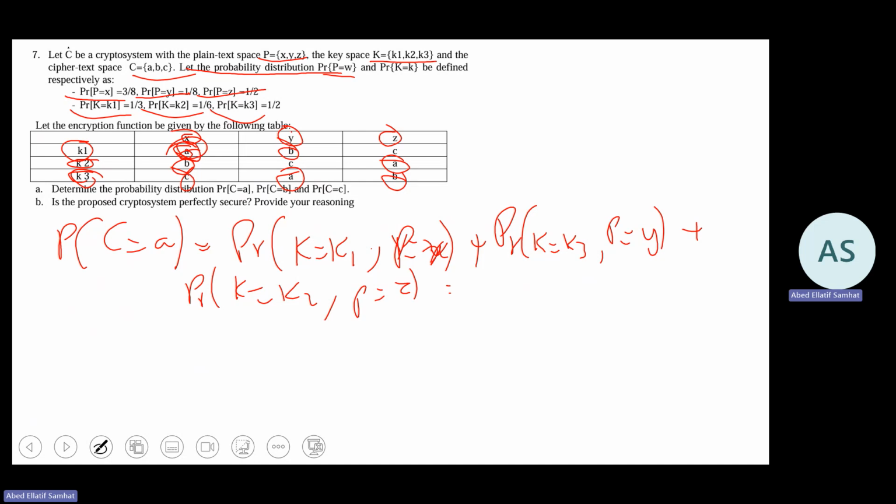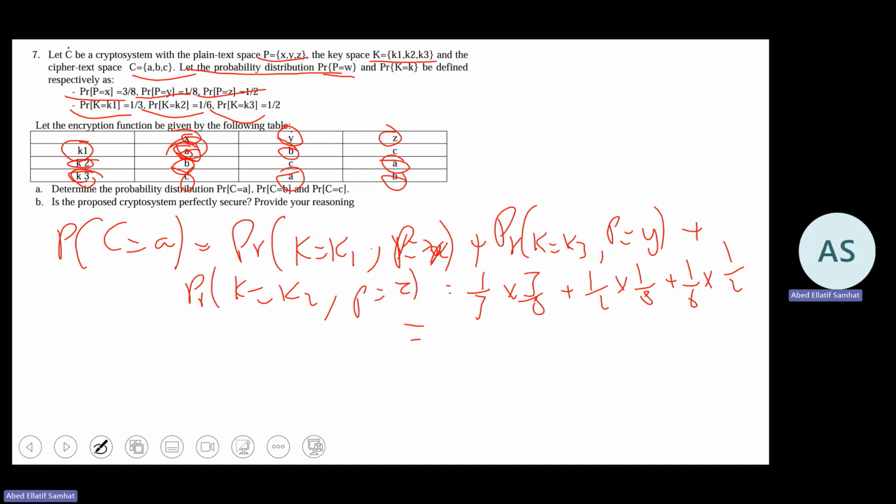So the probability to have k equal k1 and p equal x is the probability of k equal k1 times the probability of p equal x, which is 1/3 times 3/8, plus k equal 3, which is 1/2, times 1/8, plus 1/6 times the probability of p equal z, which is 1/2.